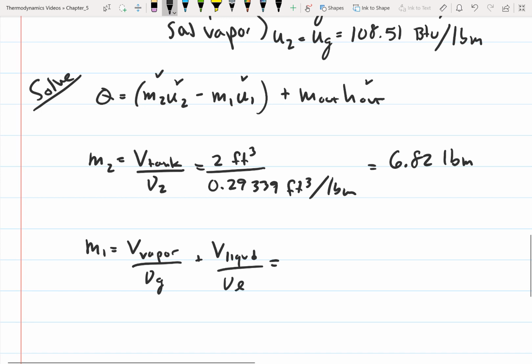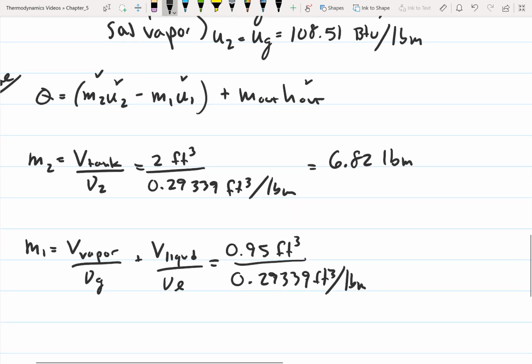So this is going to be equal to 0.95 feet cubed over 0.29339 feet cubed per pound mass, plus 0.1 foot cubed over 0.01413 foot cubed per pound mass.